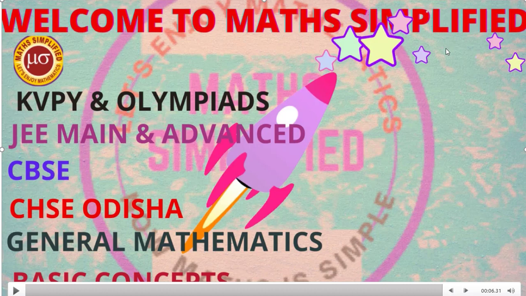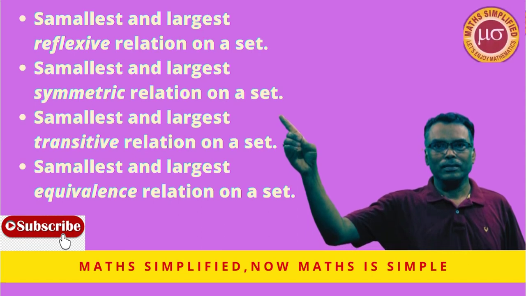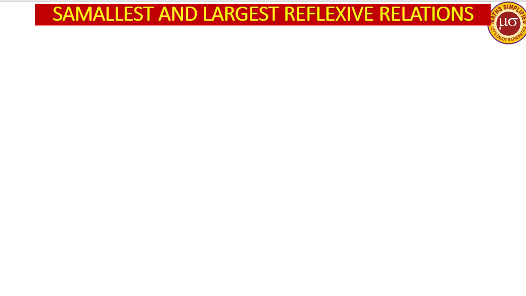I think you will get the most beautiful ideas on the smallest and largest types of relations. And we must begin with the smallest and largest reflexive relation on a set. What is the smallest reflexive relation and what is the largest reflexive relation on a particular set?